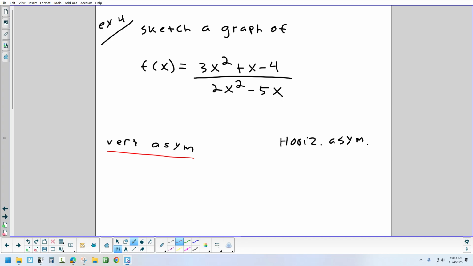This time, you can't do the fancier kind of factoring. All you can do is factor out an x. When you factor out an x, it gives us 2 values that would make the denominator 0. Anybody think they know one of them? Yep.